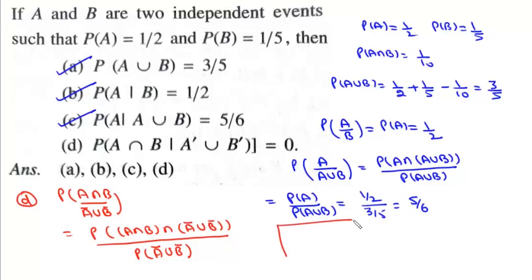Now if we look at this Venn diagram, A intersection B is this region, and A naught union B naught is, now A naught is everything which is not A, and B naught is everything which is not B. That means it contains all the region except this A intersection B. So there is nothing common in between the two regions. So this probability has to be 0. That means this option D is also correct. So the correct options are A, B, C, D.